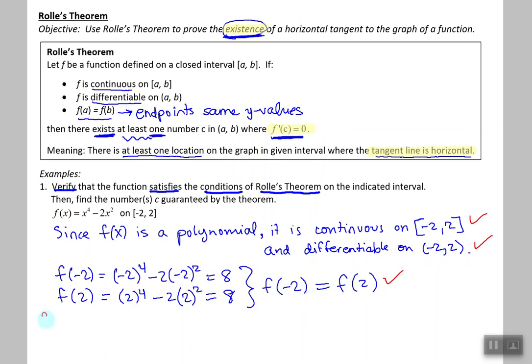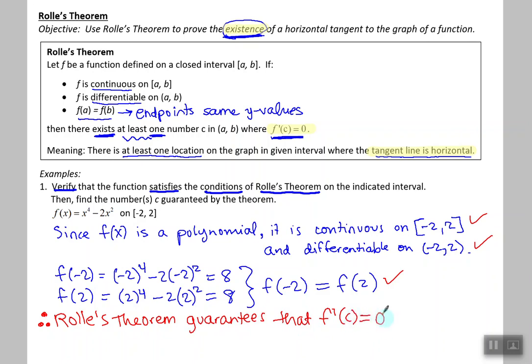So we can say, because these are satisfied, therefore, Rolle's theorem guarantees that the derivative at some c equals 0. The derivative equals 0 for some c on the interval negative 2 to 2. Now, the second part of our direction said to find the number c guaranteed by the theorem.